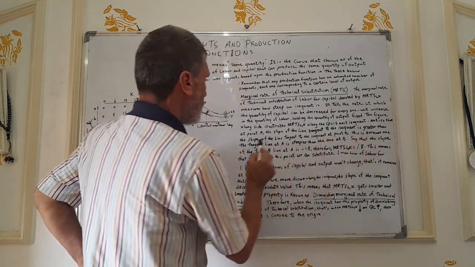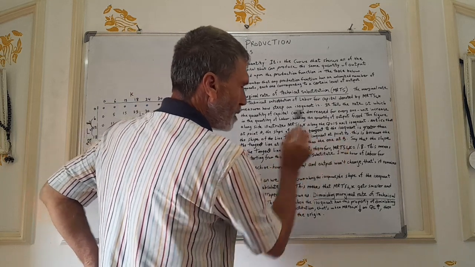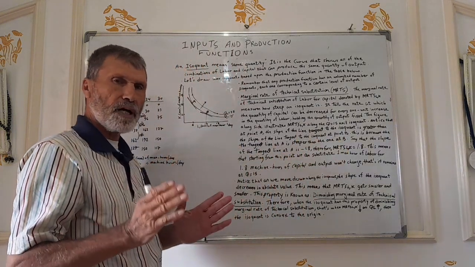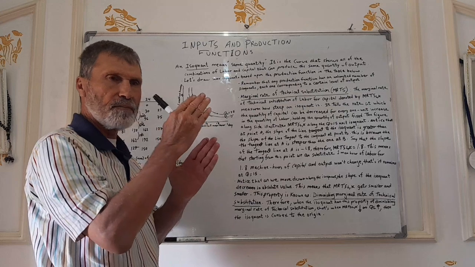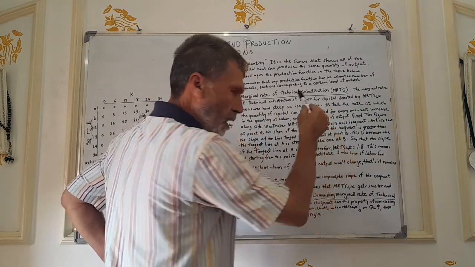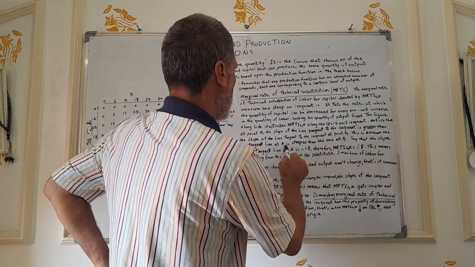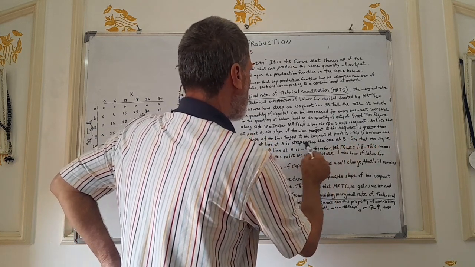This is because the tangent line at A is steeper than the one at B, okay? So in absolute value it is bigger, but it is negative, because it is downward sloping.